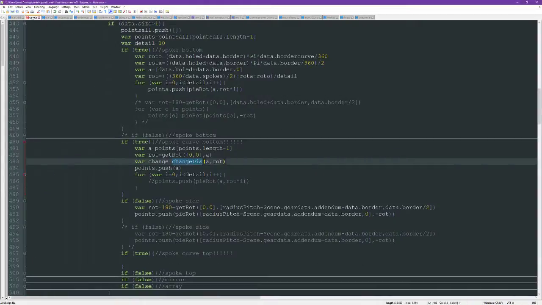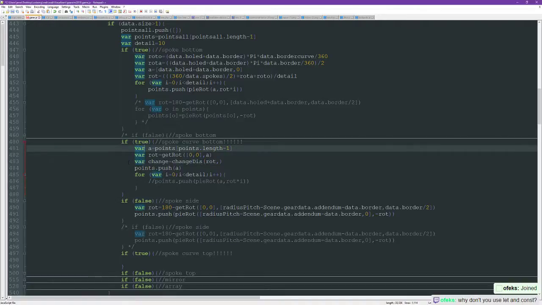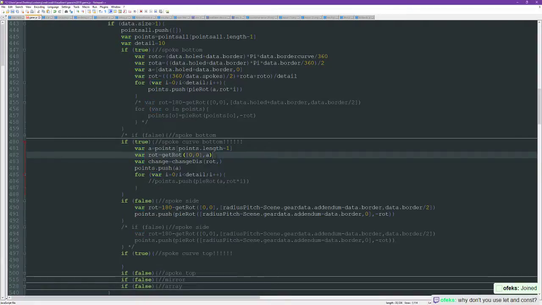Yeah, rotation, then change. I always expect it to be the other way around. So the rotation should be that rotation. As far as I understand, they're basically the same thing.